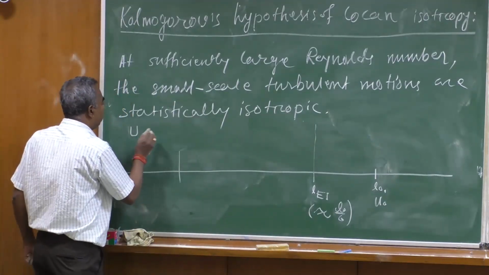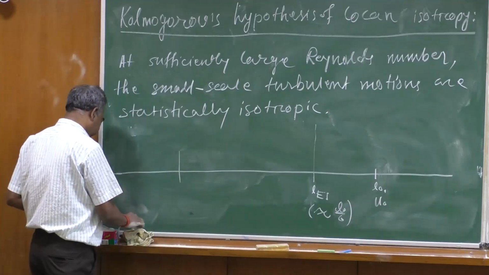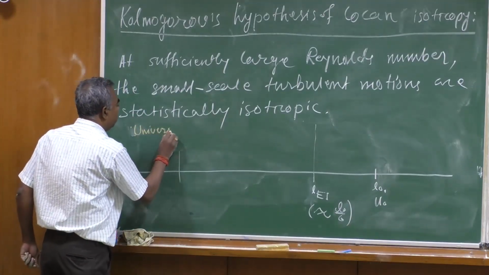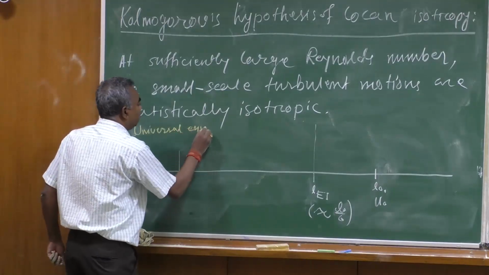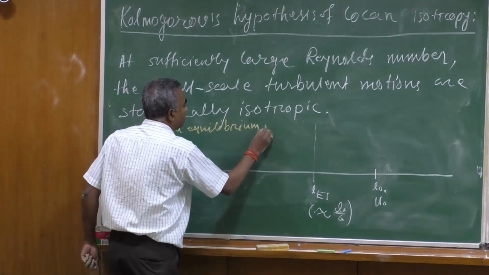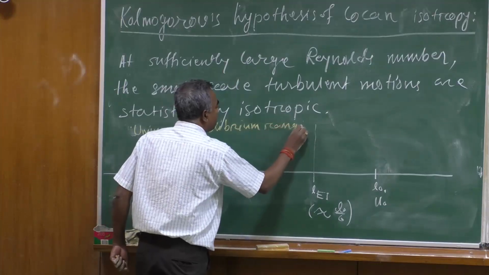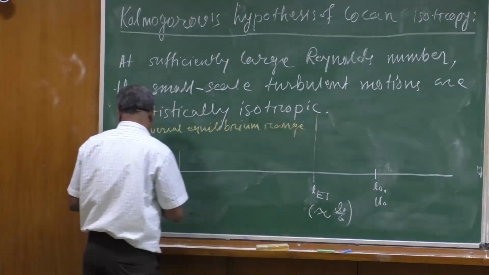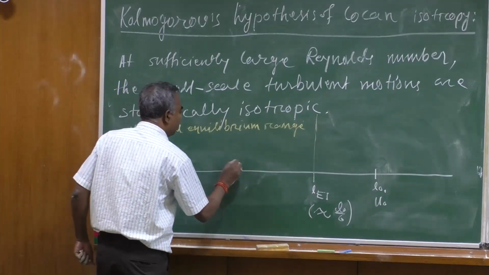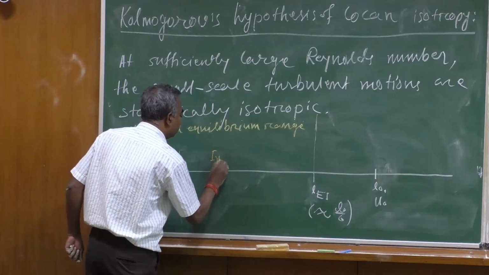And this particular regime is the universal equilibrium range, and this particular range is known as the inertial range.